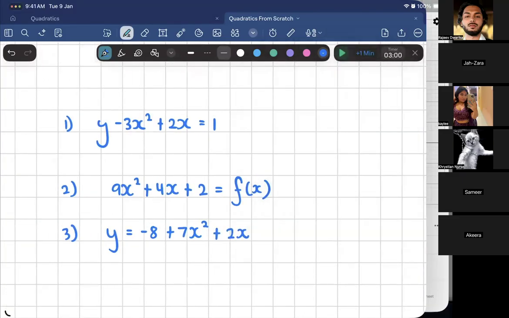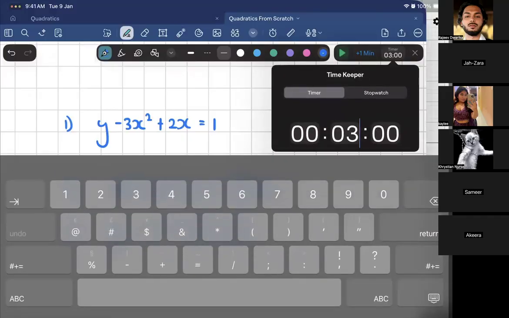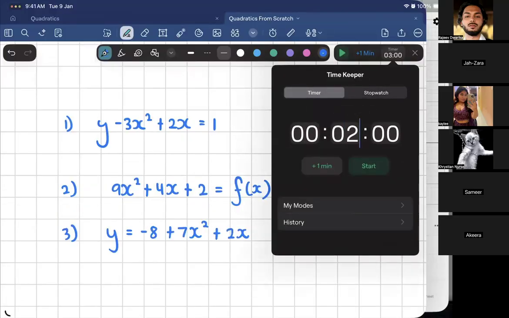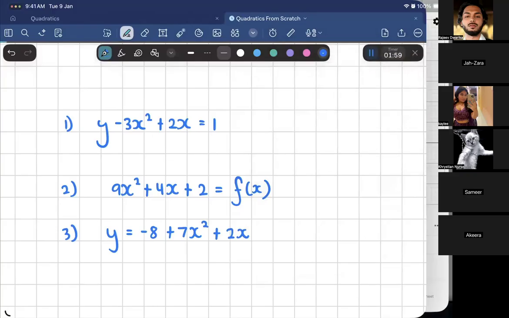First thing I want you to do, put it in the proper form. Make y the subject of the formula. Then tell me if it's a maximum or a minimum turning point, and why.